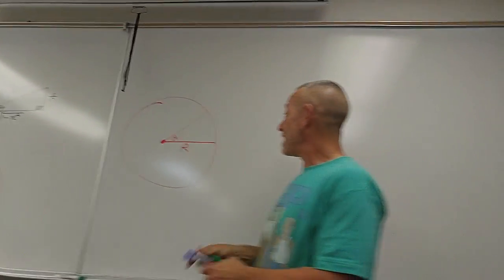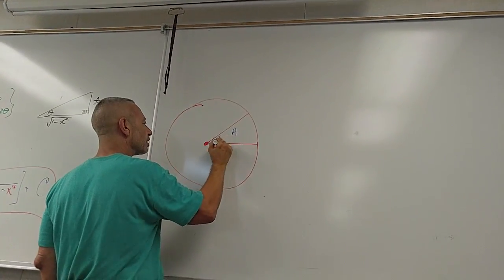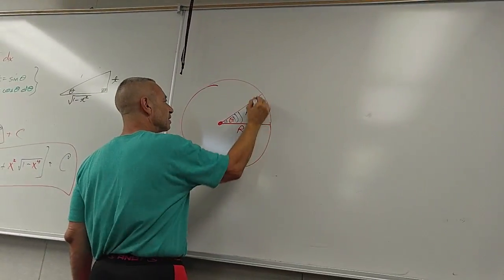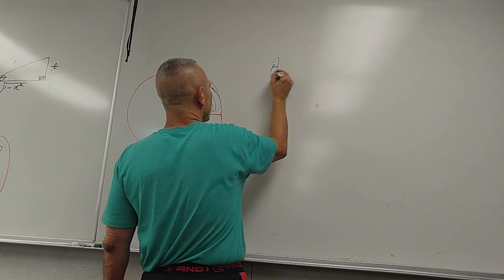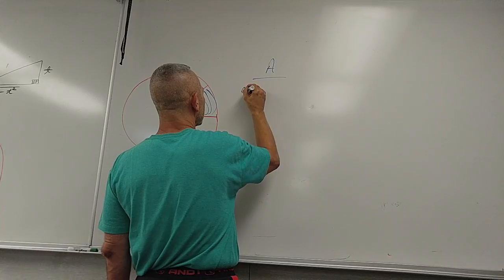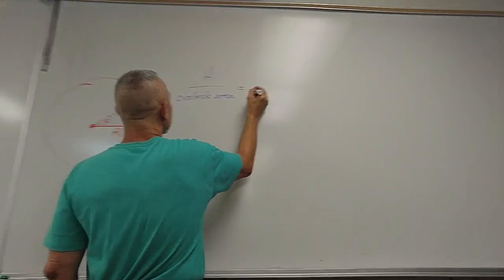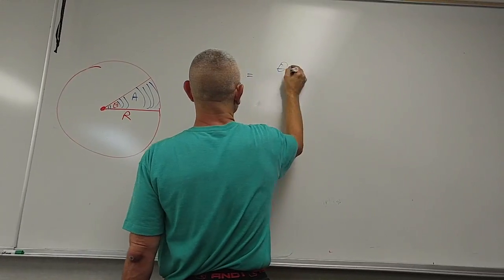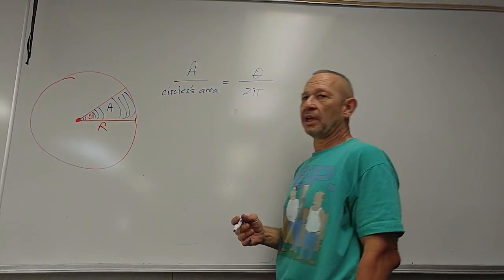So let's let A be the area of this circular sector that we're trying to find. Well, I believe the ratio of A to the circle's area should equal the ratio of theta to the entire circle angle.